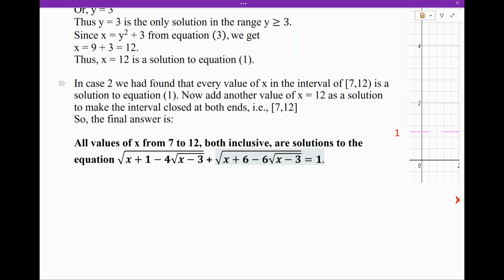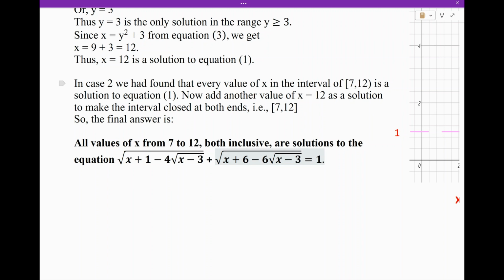Now we add another value, x is equal to 12, as a solution to make the interval closed at both ends. That is, 7 to 12 is closed at both ends. Earlier it was open at the higher end.